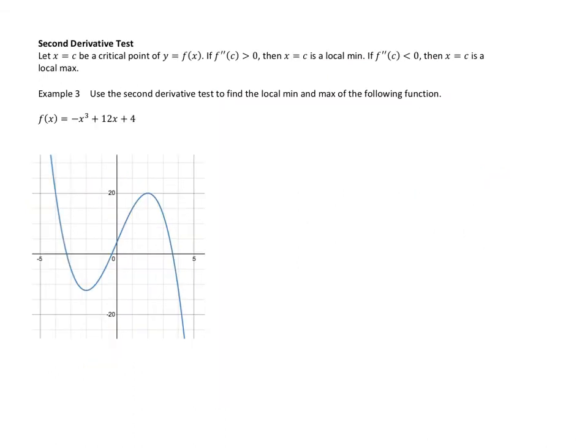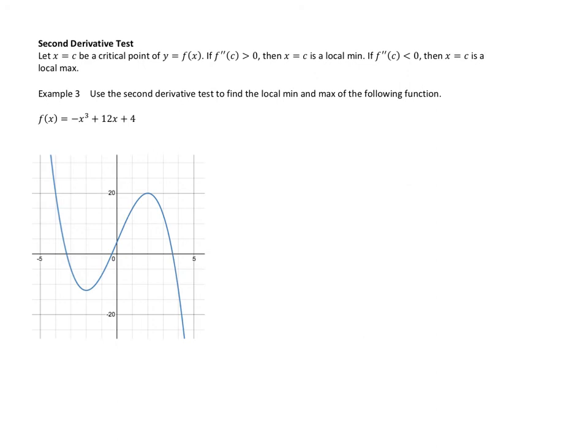Let's build off of the ideas in the previous example to describe something that is called the second derivative test. So here in example 3, I want to use this second derivative test to find the local min and max values of this function. Really before we even do that, just to go over this again, a local min and max have to occur at critical values.